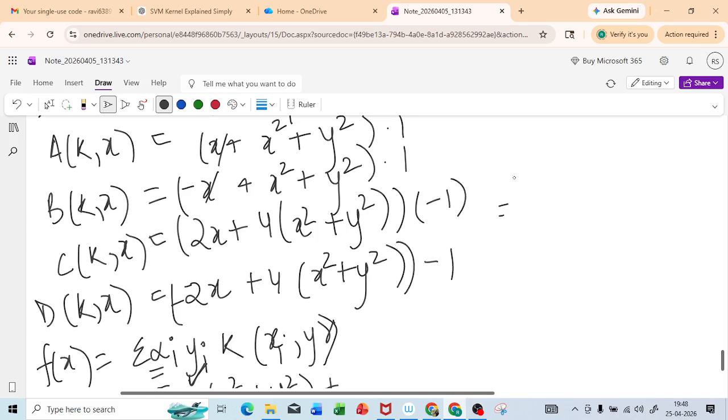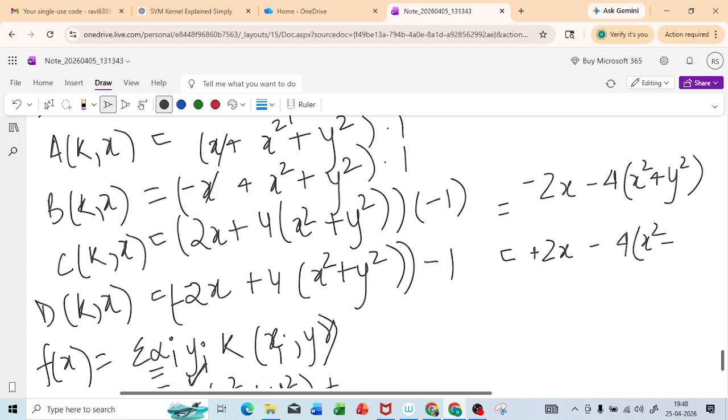So it eventually becomes minus 2 of x minus of 4 x square plus y square, and this becomes plus 2 of x minus 4x square plus y square. If you sum these up, this cancels out, but this becomes minus 8.